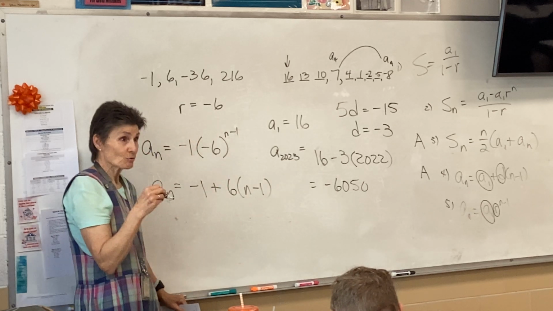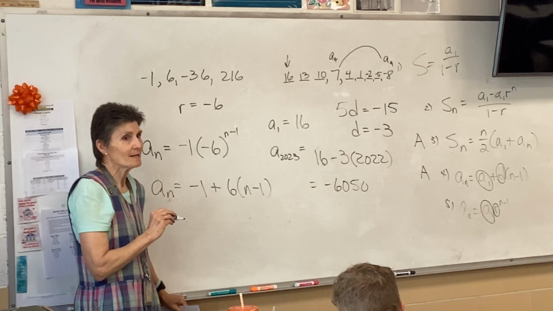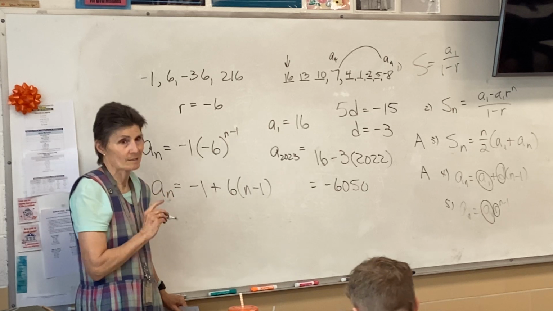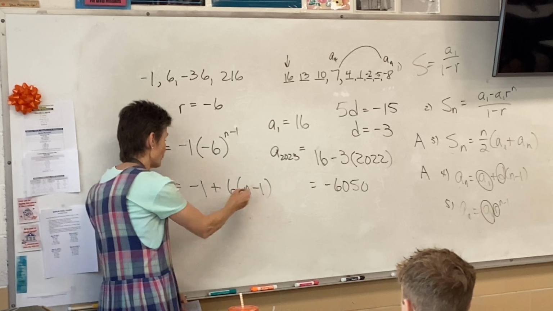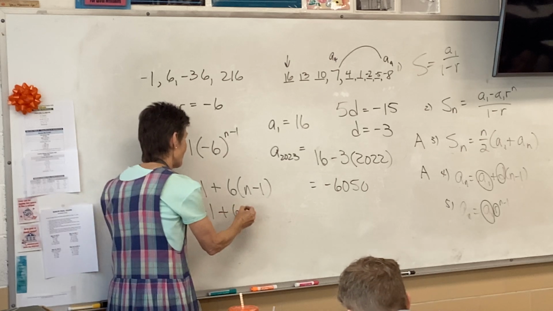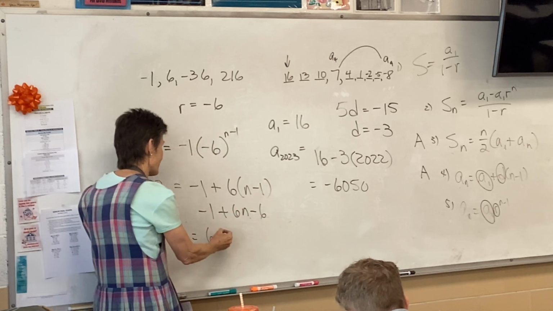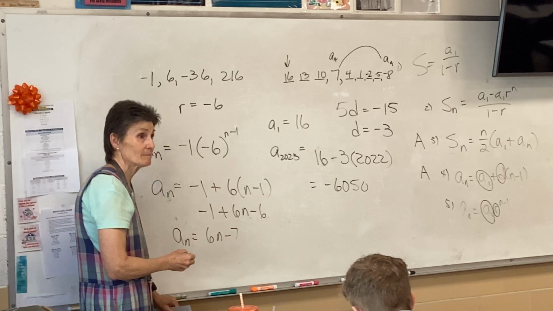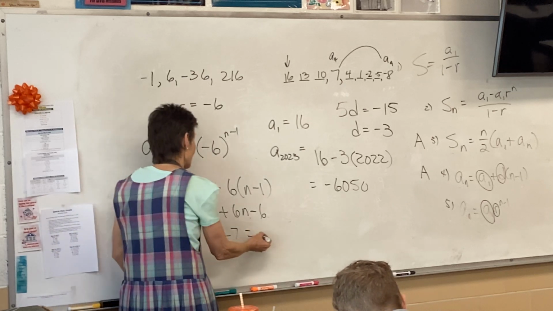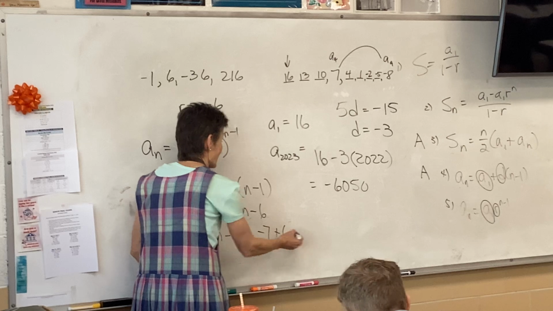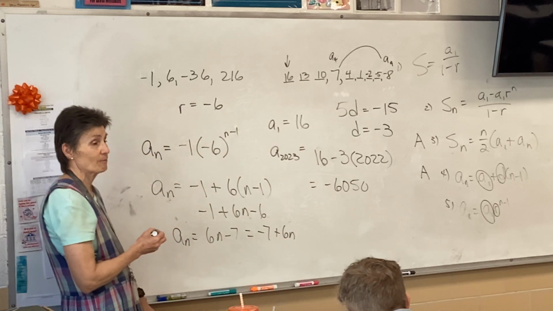Now the geometric never simplifies, the arithmetic always simplifies. So you'll do your distributive property. And it looks like 6n minus 7. Or if you did it the other way, negative 7 plus 6n. It doesn't make any difference.